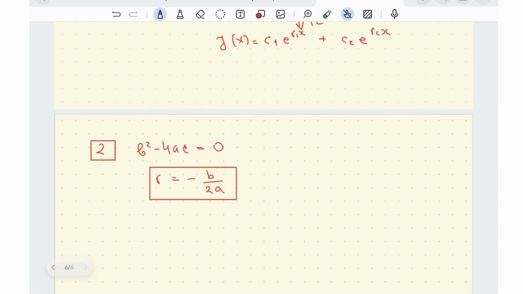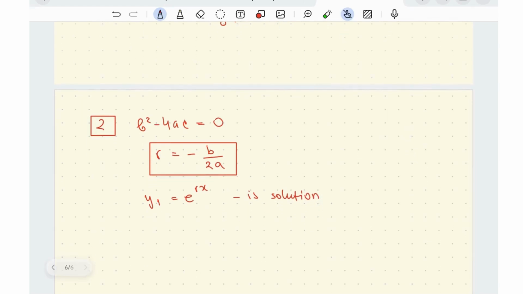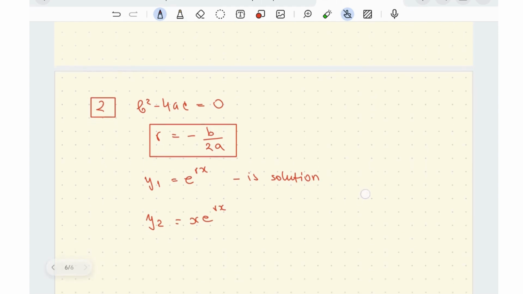So we know that y1 equals e to the power rx is a solution. And now let us take y2 to be, sorry, not that, that's something else, x e to the power rx, and we will show that that is a solution.